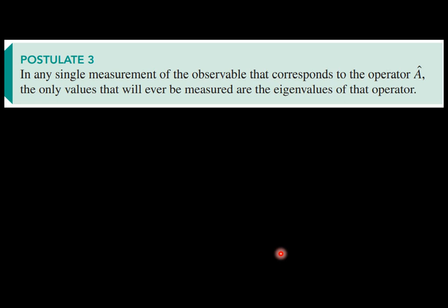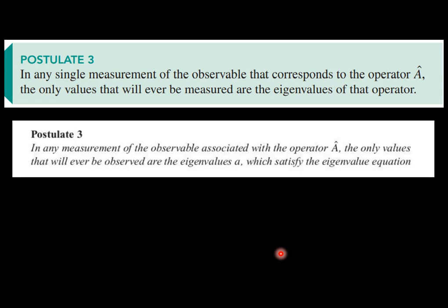Now, in relation to this standard deviation, again, I would like to bring quantum postulate 3. What does it tell? In any single measurement of the observable that corresponds to the operator A hat, the only values that will ever be measured are the eigenvalues of the operator. So A is the operator. If it satisfies some eigenfunction equation, then some eigenvalue would be there, and whatever times you measure the quantity A, you will get one of the eigenvalues, right?